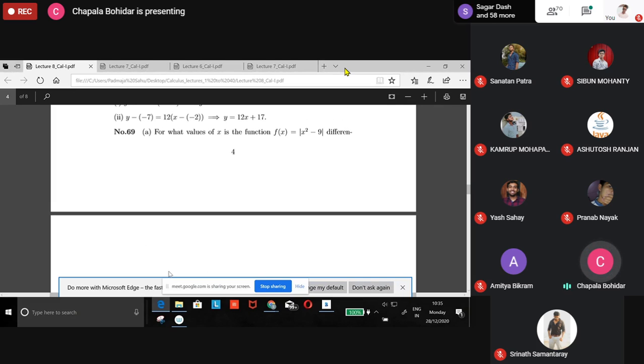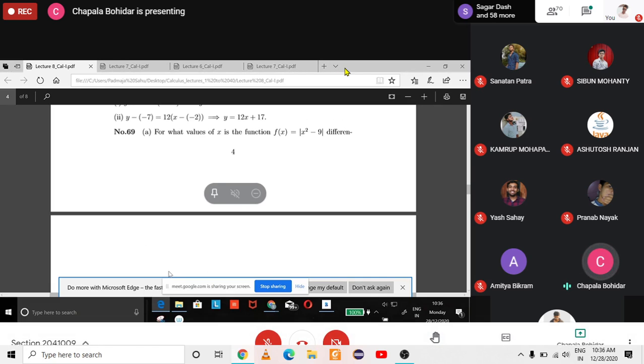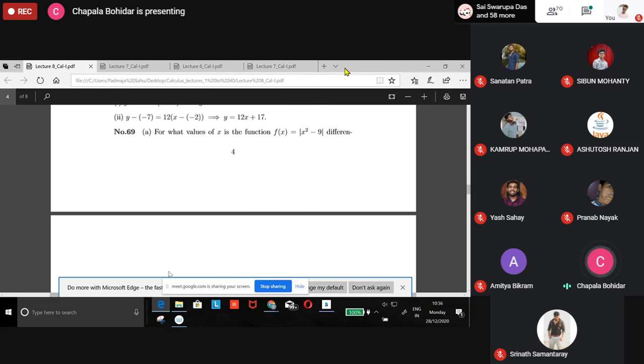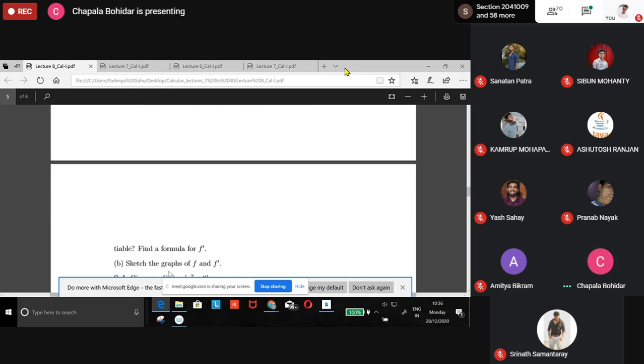For what values of x is the function f(x) equal to the absolute value of x square minus 9 differentiable? Then find a formula for f dash.